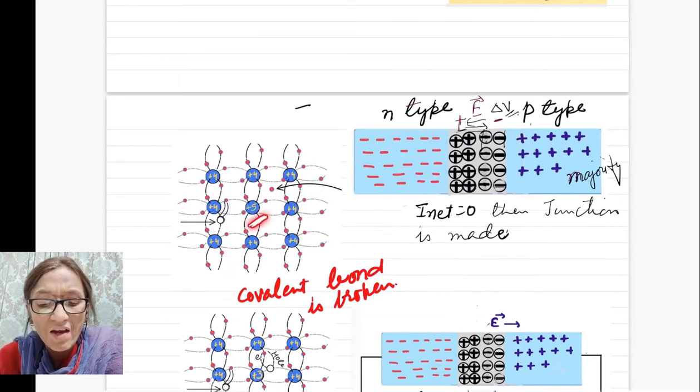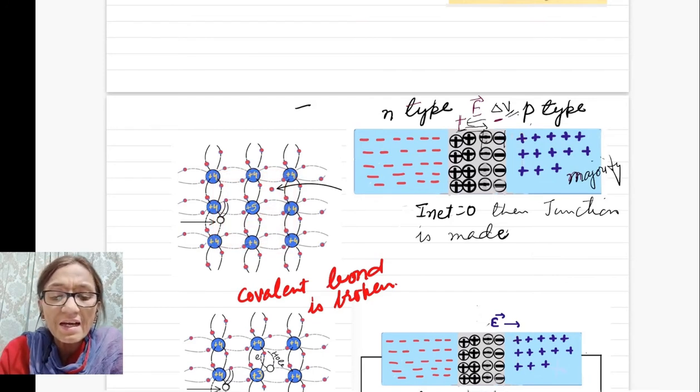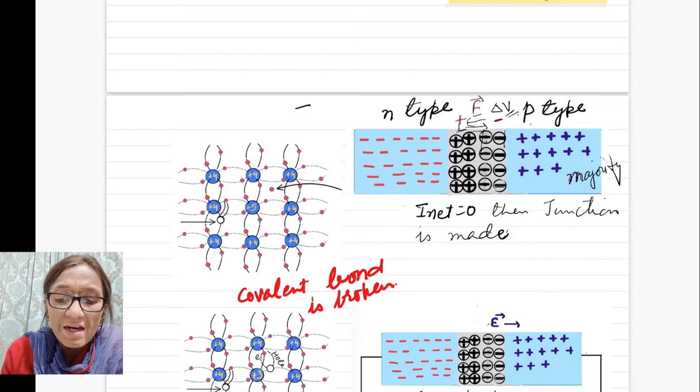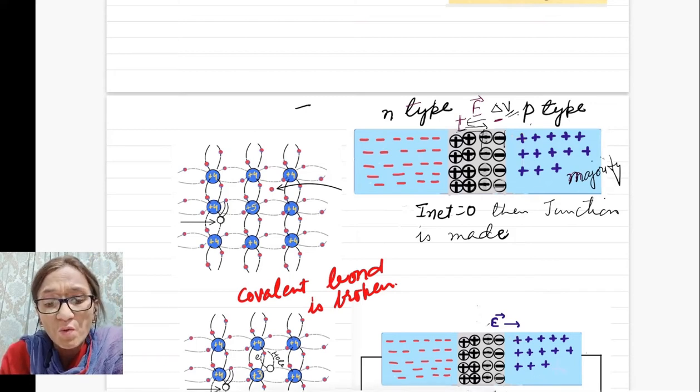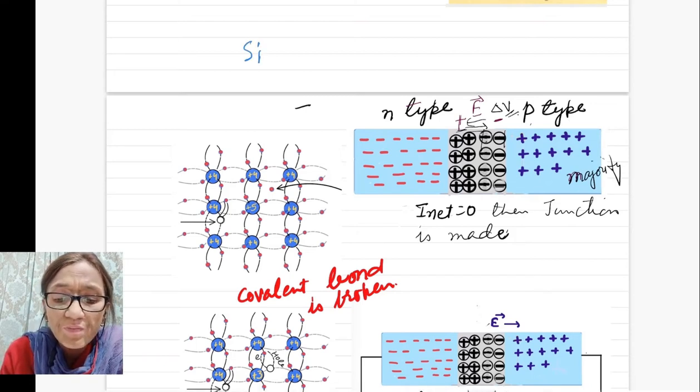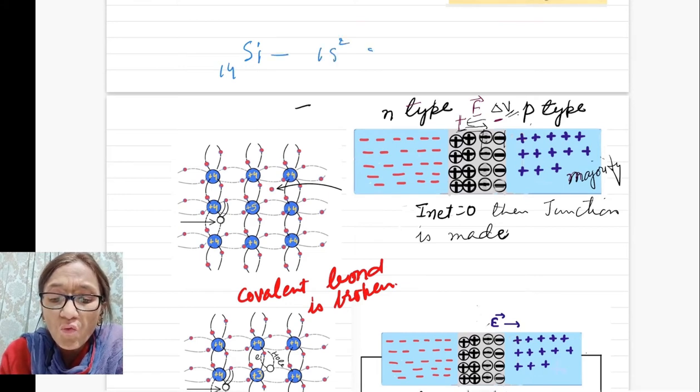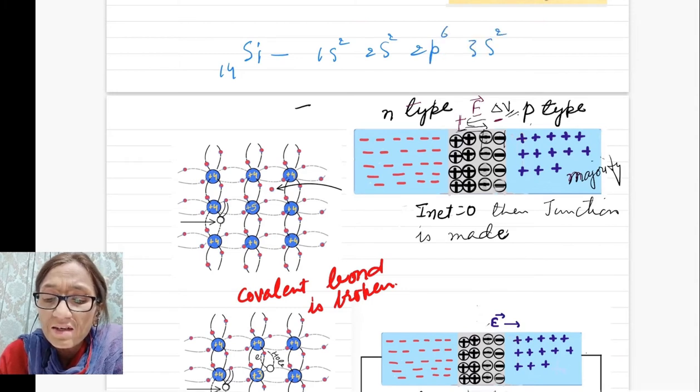At the center there is written 5. Here an impurity atom is sitting all around pure silicon atoms. Silicon has valency 4. Silicon has atomic number 14, with configuration 1s2, 2s2, 2p6, 3s2, 3p2.